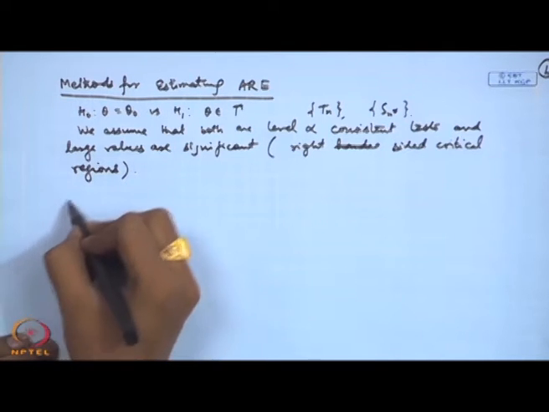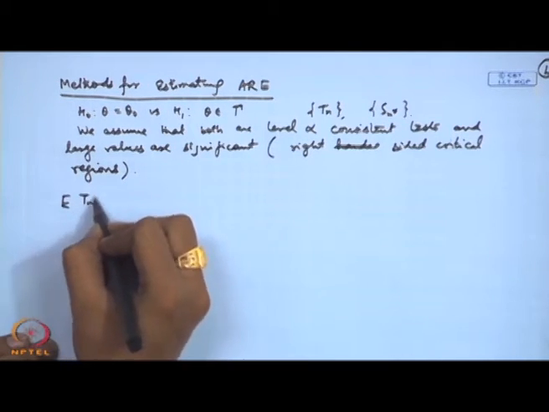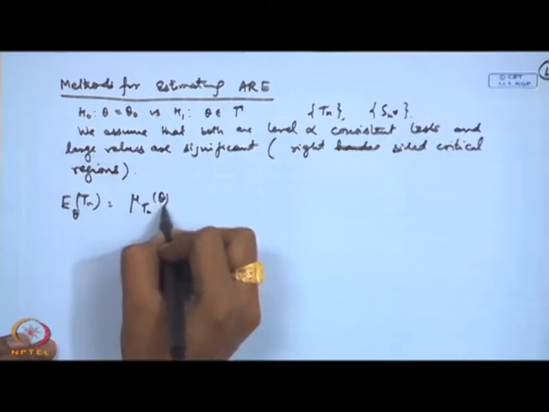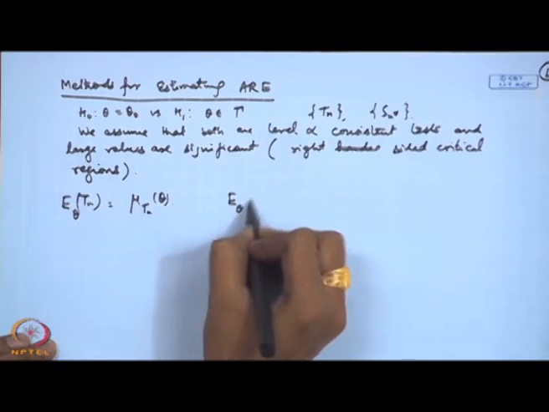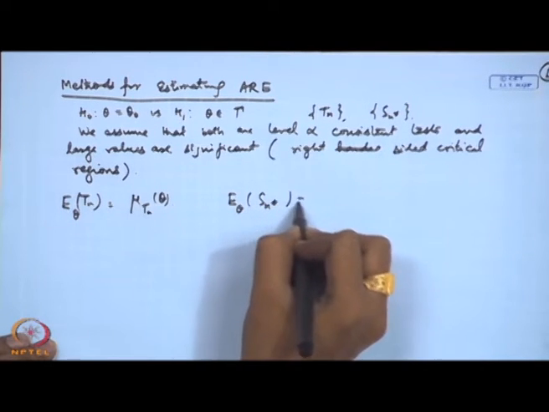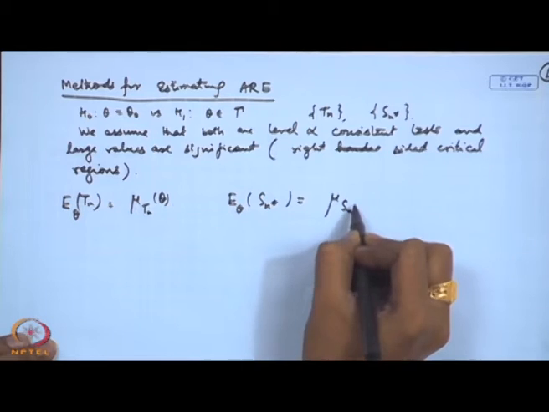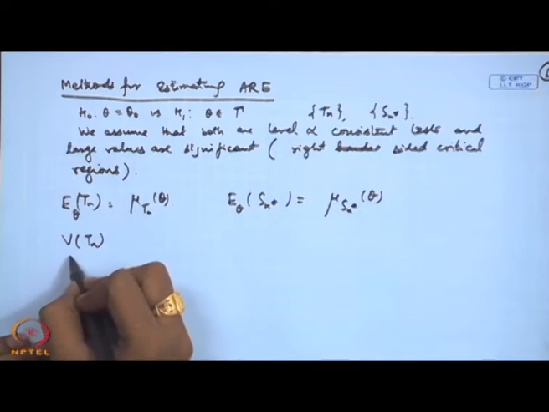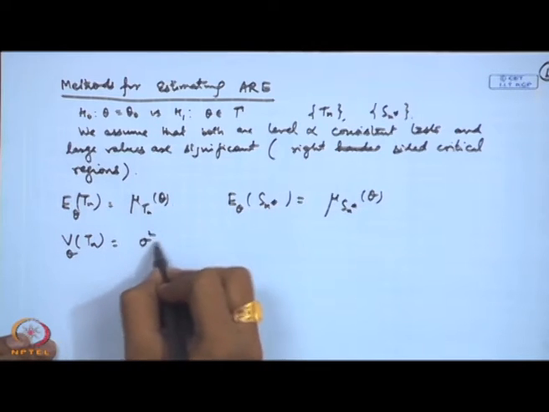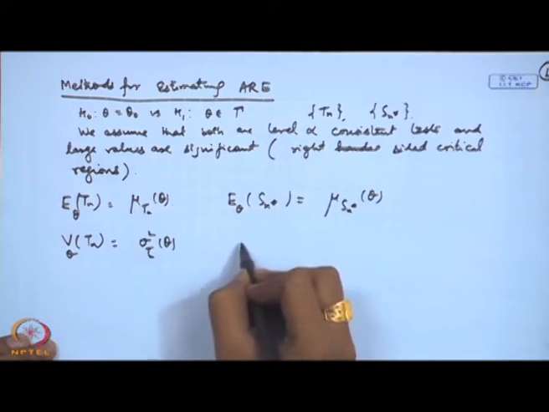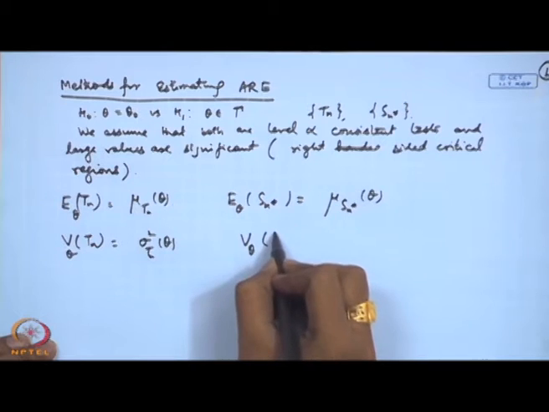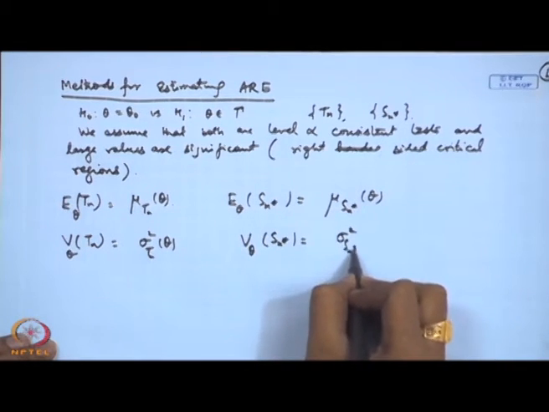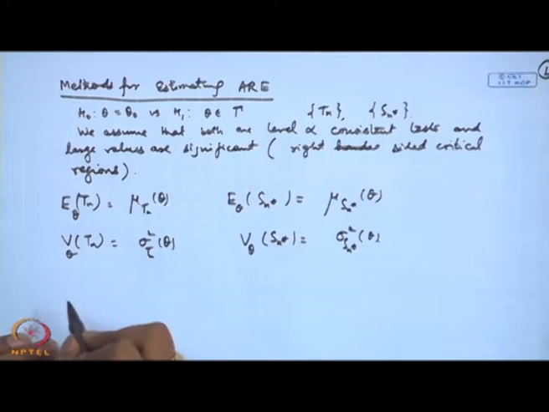So, let us consider that expectation of Tn is mu Tn theta, expectation of Sn star is mu Sn star theta, variance of Tn is sigma square Tn theta, and variance of Sn star is sigma square Sn star theta.